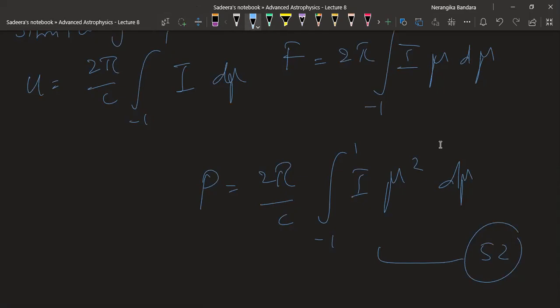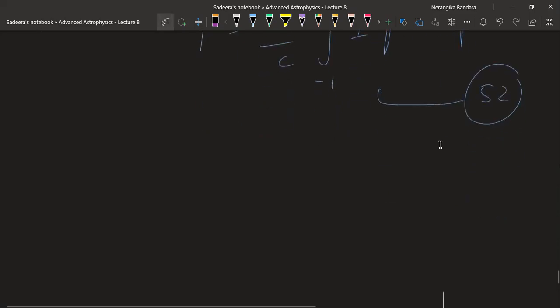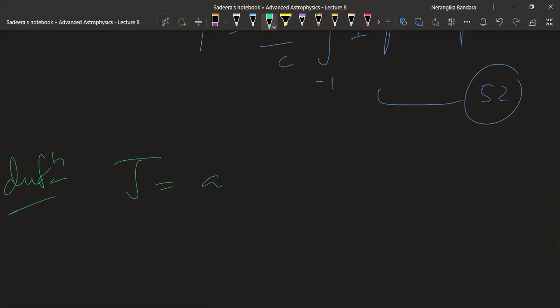Right, now we go to a new definition. Well, this is not actually a new definition. We have done this before, I think on the very first day of our discussion on radiation, but let me rewrite it. J is the average specific intensity.